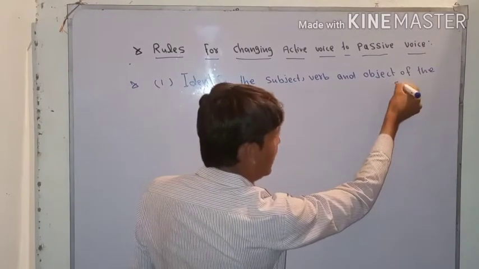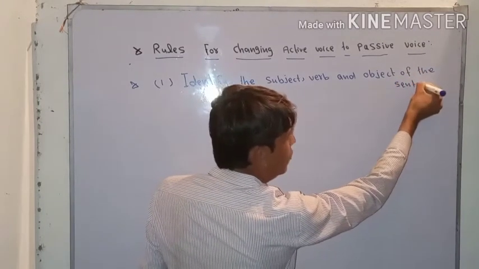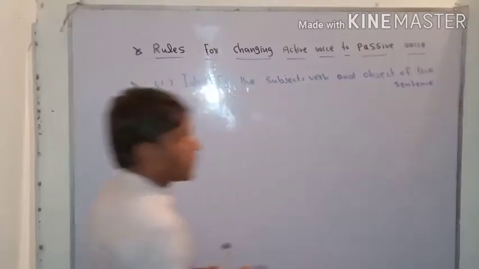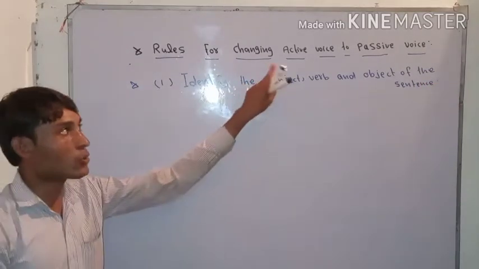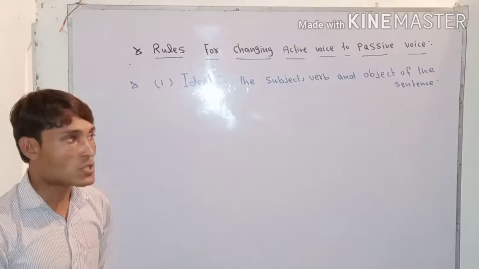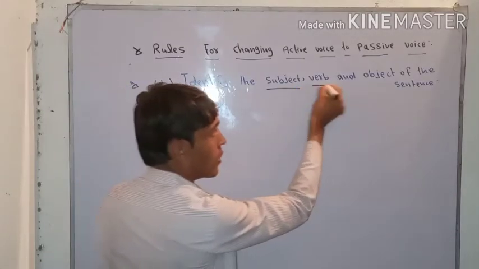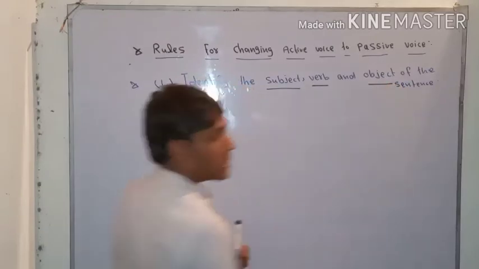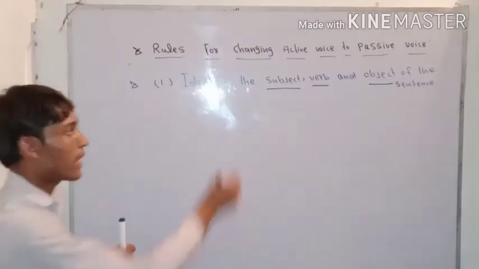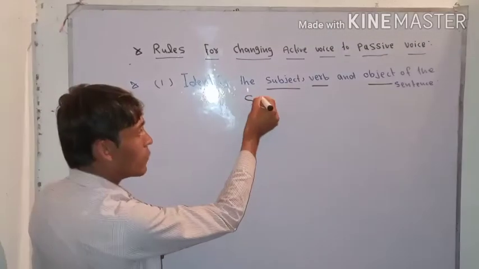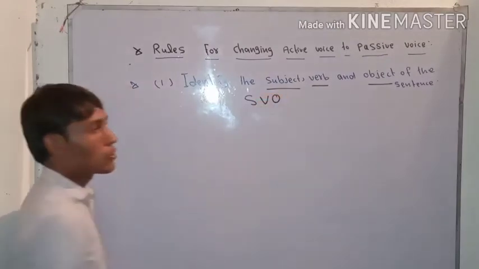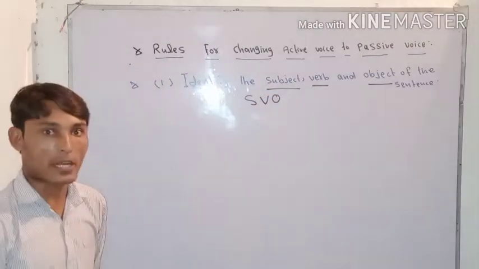If you want to convert the statement from active to passive voice, first we should identify the subject of the sentence, then verb, and then object. Simply we call that SVO, so then it can change very easily.